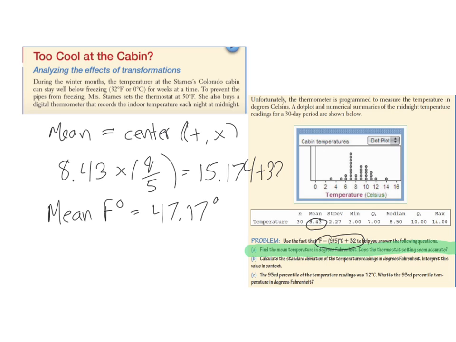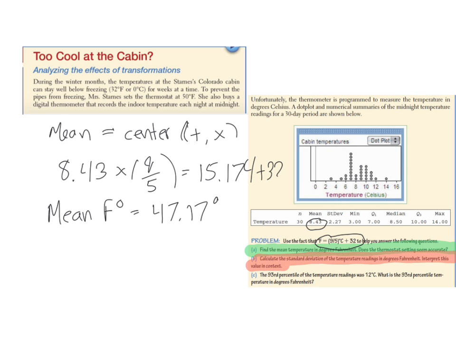Now, if we look at the other part of the question, for the sake of time, I'm only going to look at this next one here. Calculate the standard deviation. The standard deviation is a measure of spread. Well, we know that measures of spread only get multiplication. Addition doesn't affect them.